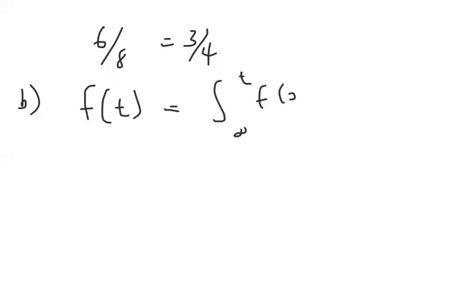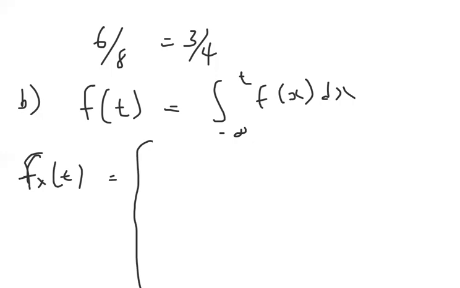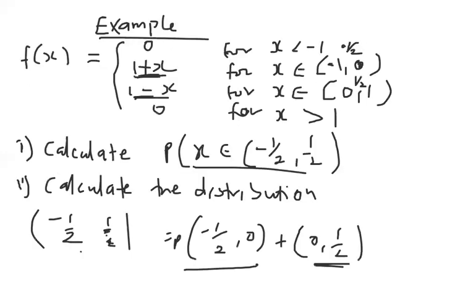For this one, F of t is equal to 0 for t less than -1. Because when you look at the question, it's 0 when t is less than -1, so that's what I've stated.